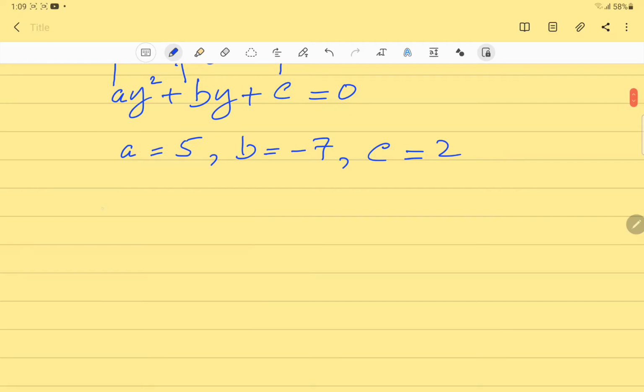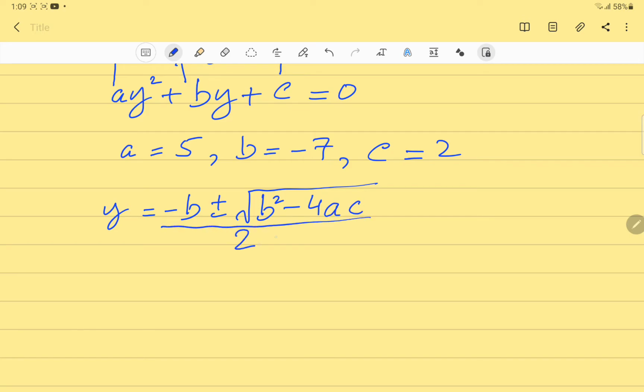Our quadratic formula is y is equal to minus b plus minus square root of b squared minus 4ac over 2a. Let us substitute the values of a, b and c in this formula.